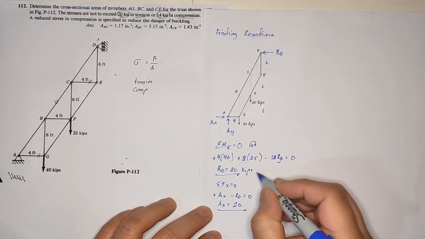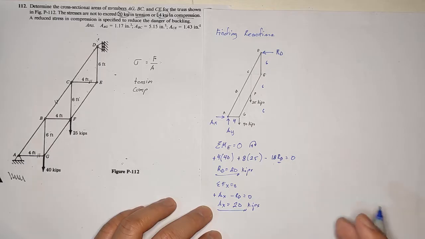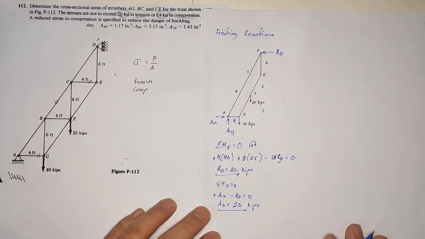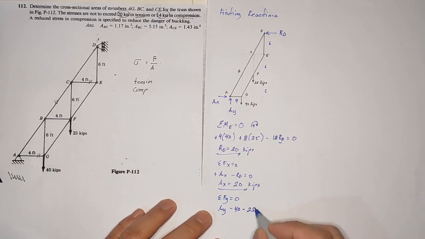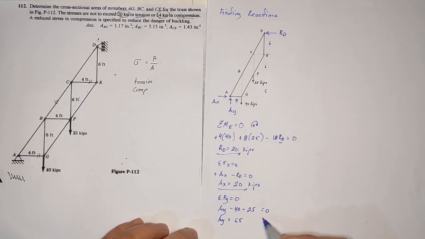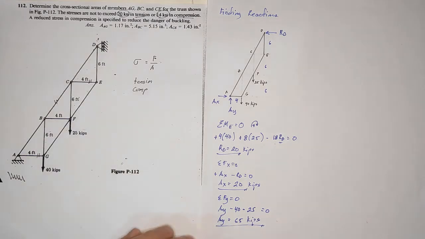Kips means kilopounds. Then the other one is summation of forces in Y equals 0. You have AY, that is positive, then minus 40, minus 25, equals 0. So AY is 65 kips. So you now have the reactions.